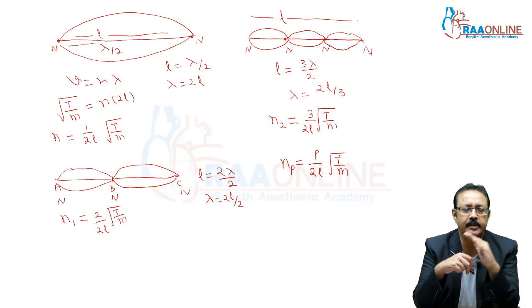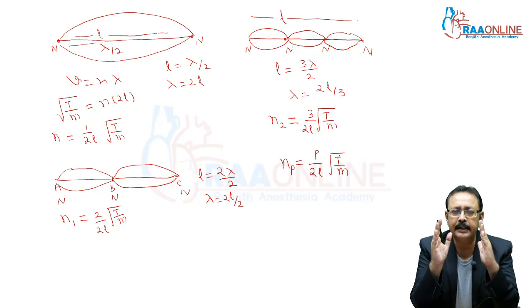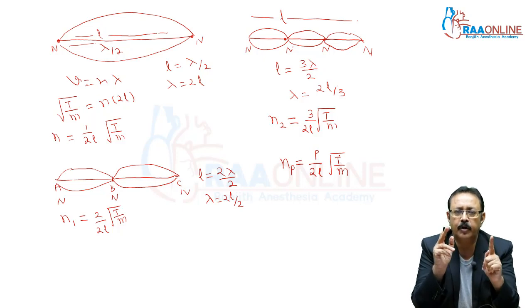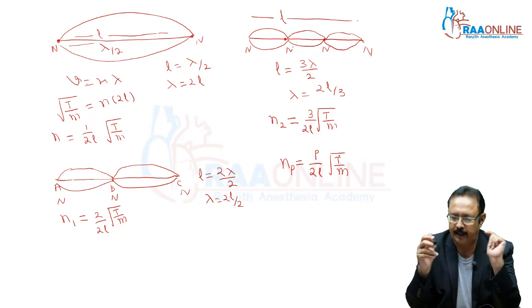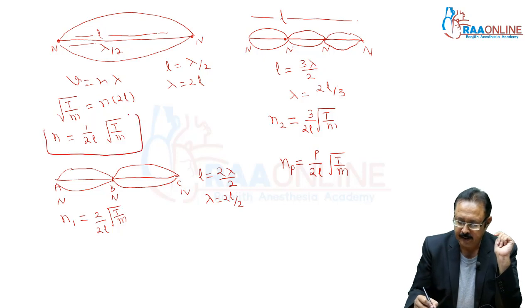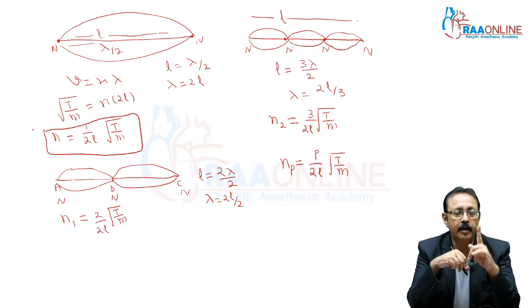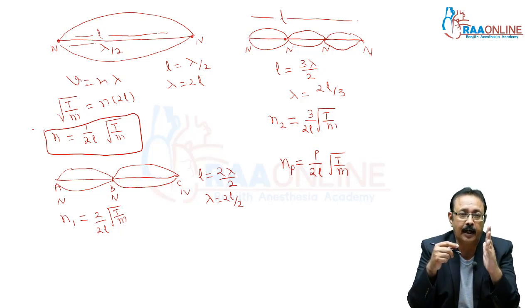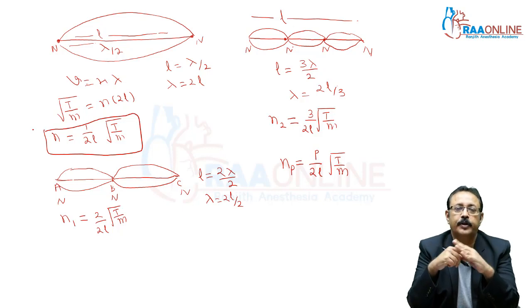The lowest frequency which you get from any instrument is known as its fundamental frequency. So in case of a string, fundamental frequency is 1 upon 2L under root T upon M. Remember always, in case of a string, fundamental frequency is 1 upon 2L under root T upon M. The next higher frequency is known as the second harmonic or first overtone.